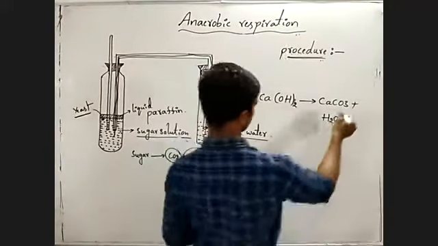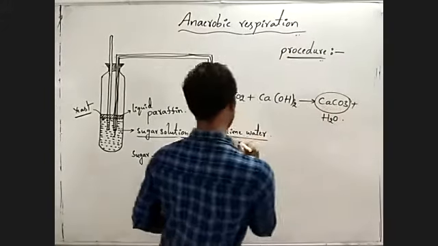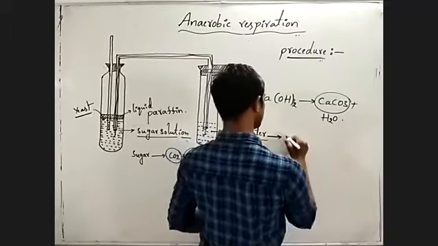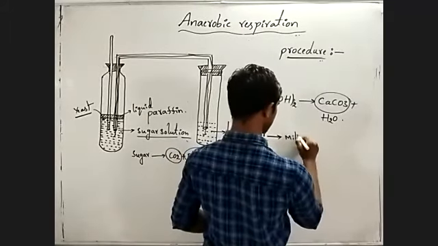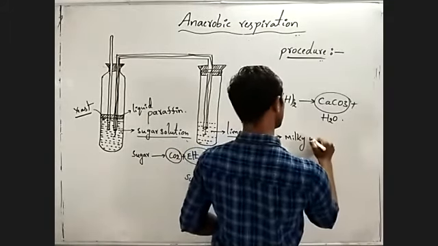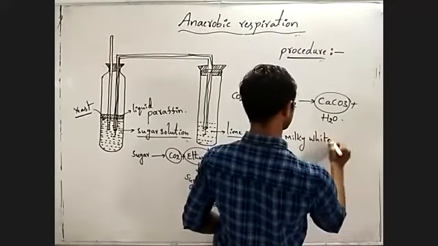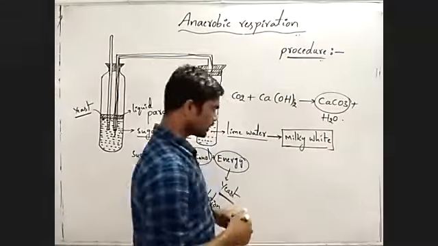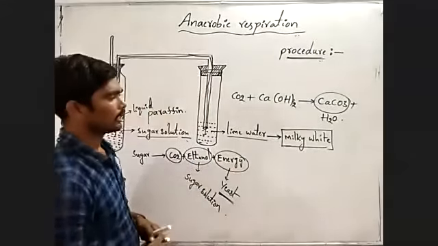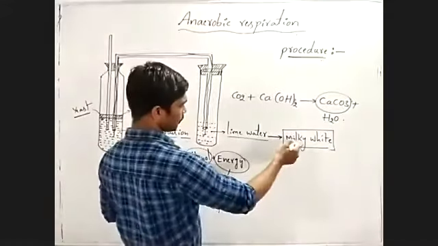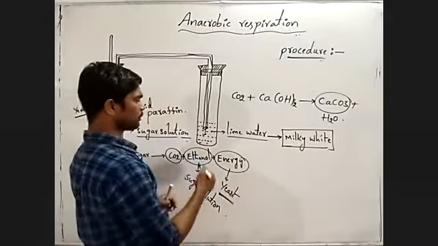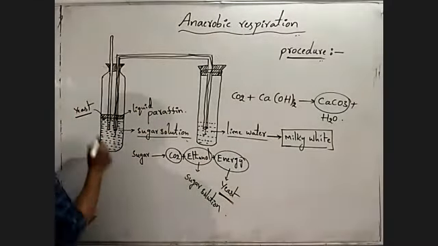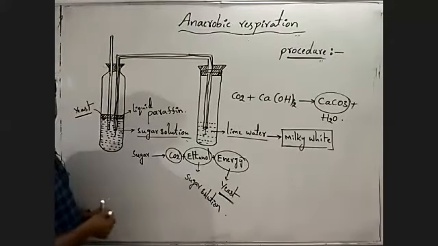Due to the presence of calcium carbonate, the lime water becomes milky white. This milky white color indicates the production of carbon dioxide in the sugar solution bottle.